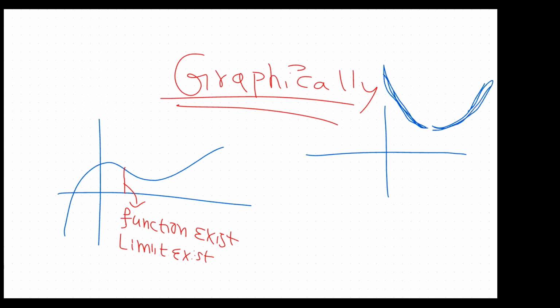Suppose this graph. I'll draw it properly. This is the graph. Tell me, at this point, does the function exist or not? Does the function value exist or not?